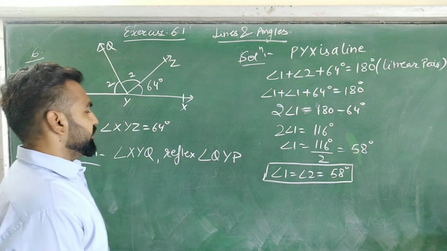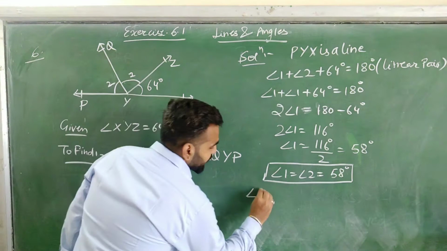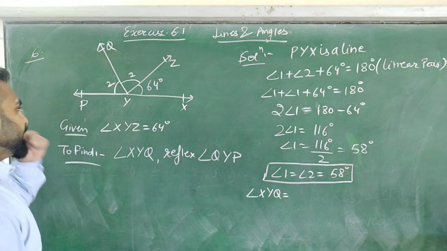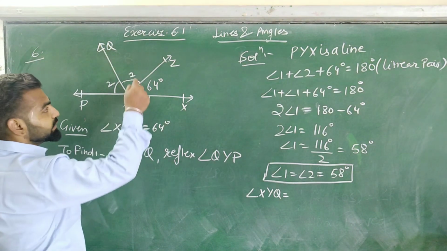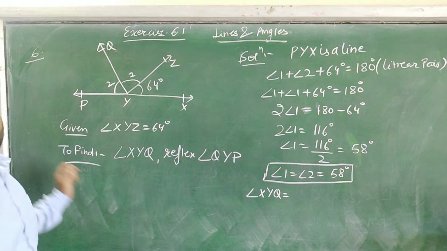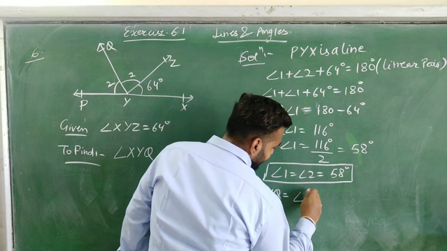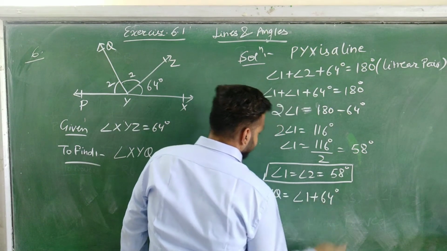Now what we have to find? We have to find angle XYQ. So see angle XYQ. Angle XYQ is combination of two angles, angle 1 and 64. So what we will do? We will add angle 1 plus 64 degree.